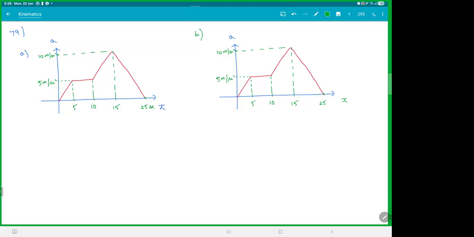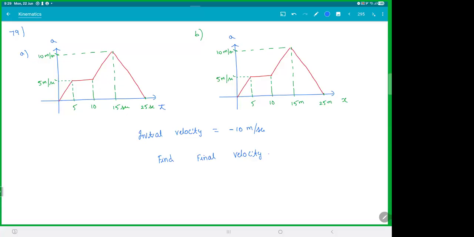This is an AX graph. So I'm keeping the graph the same. They'll write 25 meters here, and 15 seconds here. So you just need to calculate the area once. Initial velocity is 10 meters per second. Find the velocity at 25 seconds, the final velocity. Since the graph ends at 25, that's the final.